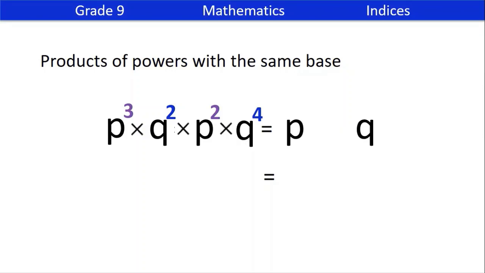The indices relevant to p are 3 and 2, so we need to get the sum of 3 and 2 to have the index of p, and we need to get the sum of 2 and 4 to have the index of q in the answer. So finally, the answer becomes p to the power 5, q to the power 6.